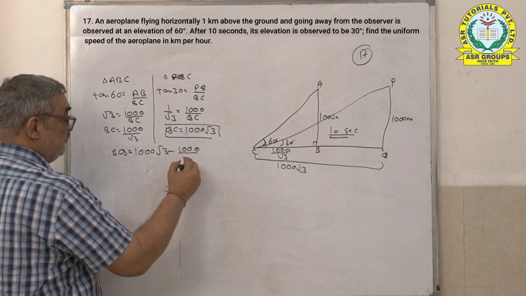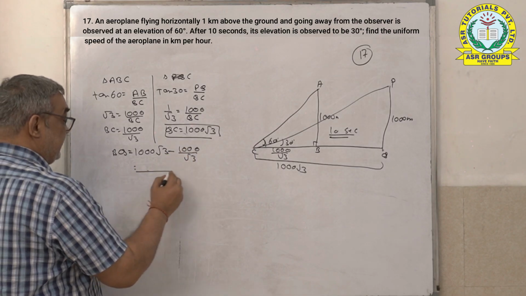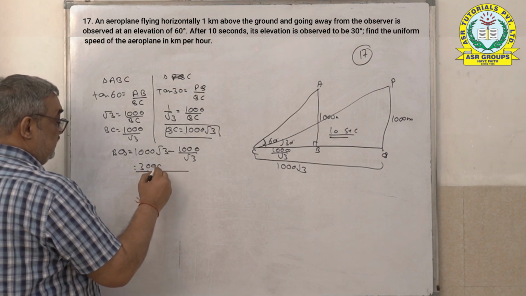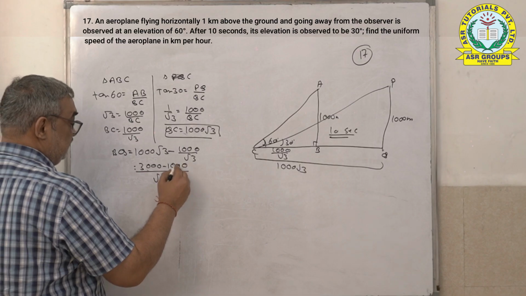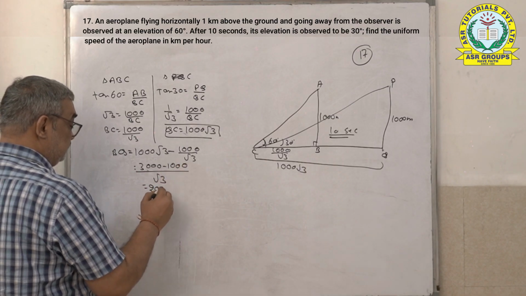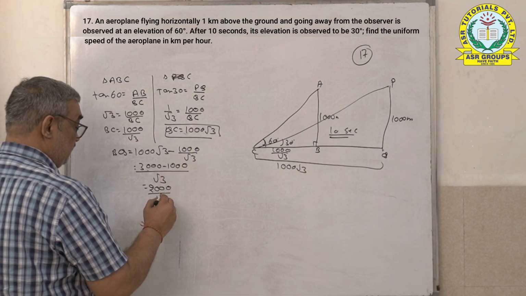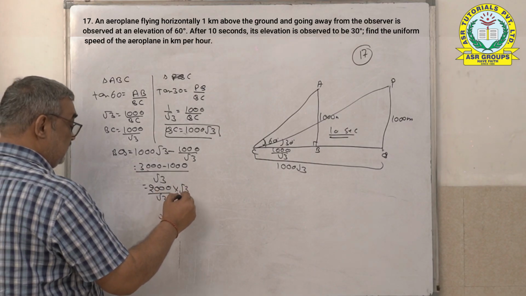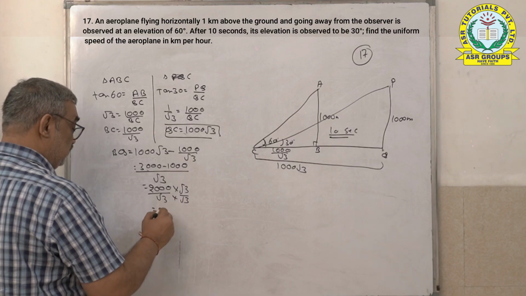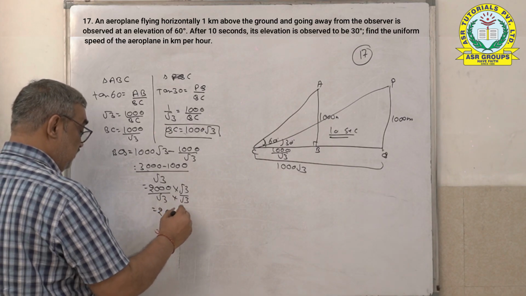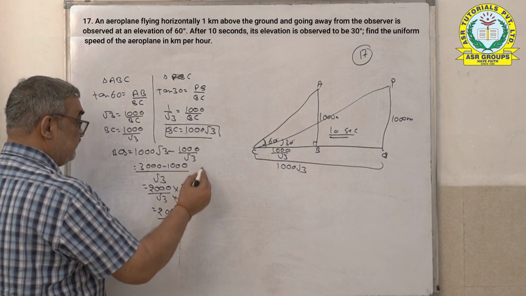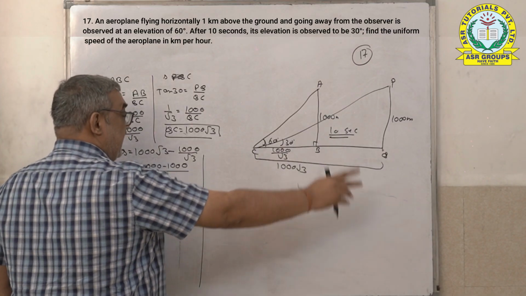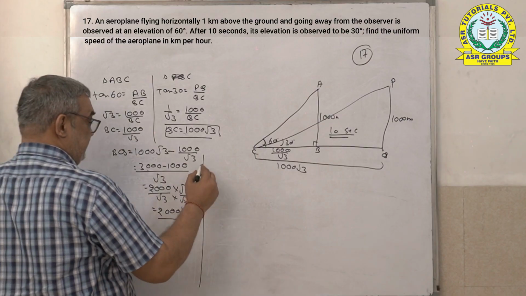Take LCM, 3000 minus 1000, that is 2000. Rationalize, 2000 root 3 upon 3. I know the distance, I know the time, find the speed.